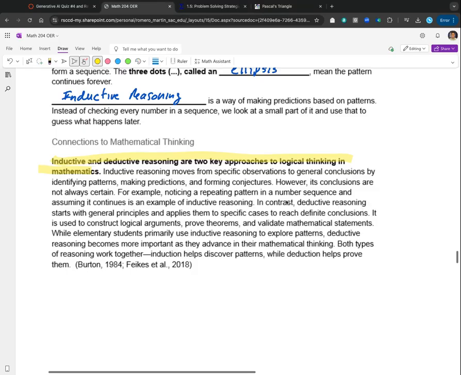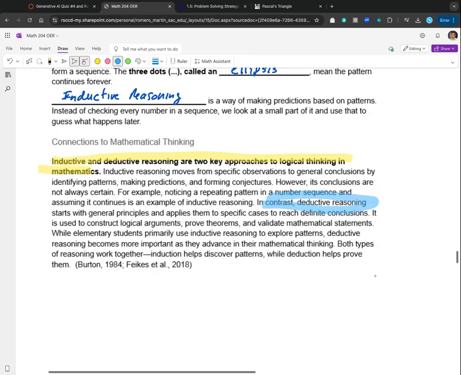Deductive reasoning is a way of thinking that starts with general principles and applies them, right? You have specific facts, and this fact leads to another fact. There's a lot of algebra where you solve and make proofs. It's used to construct logical arguments, prove theorems, validate something that is true.